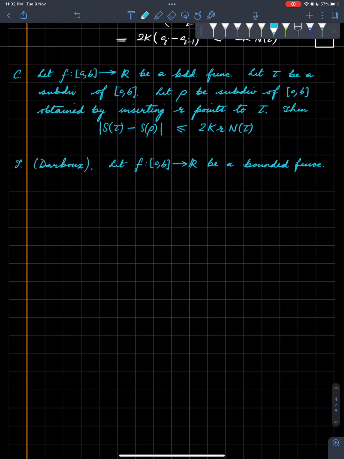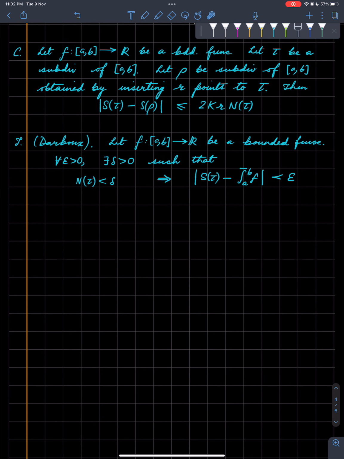Then for all epsilon greater than 0, there is delta greater than 0 such that norm of tau less than delta implies s tau minus the upper integral, there is no need for absolute values, but I will put it, is at most epsilon.